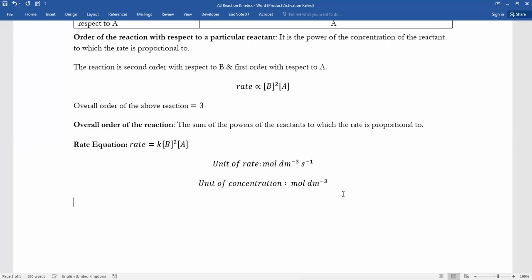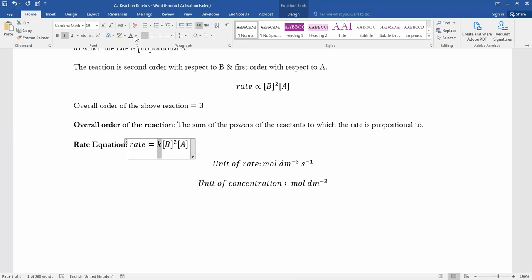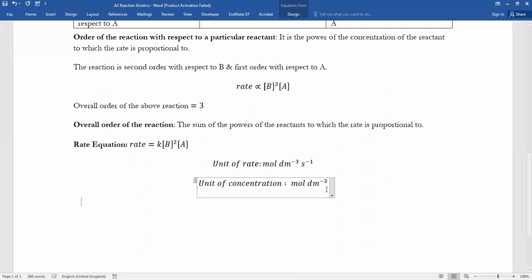Okay, now if I ask you for this one, can you tell me the unit of the rate constant? What is this K? K is the rate constant. The unit of K varies from equation to equation.